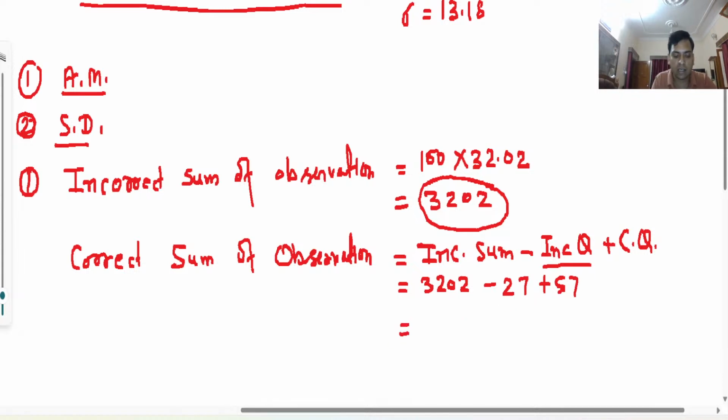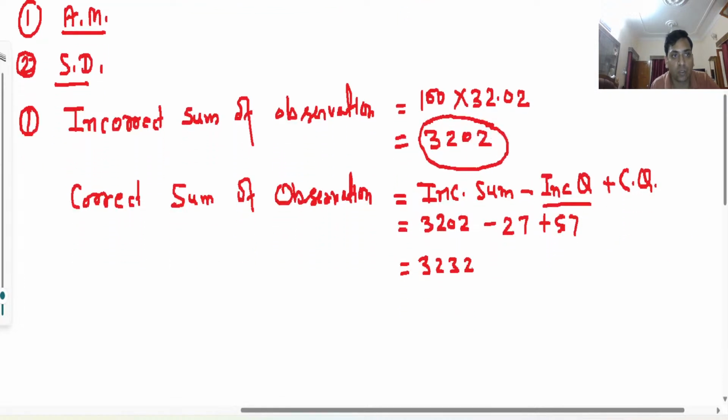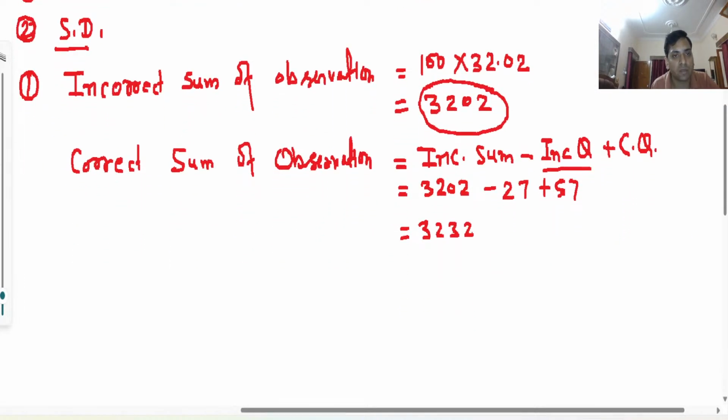Now you will see this quantity as 3202 minus 27 plus 57. This summation is 3232. This is the correct total, the correct summation of 100 observations.